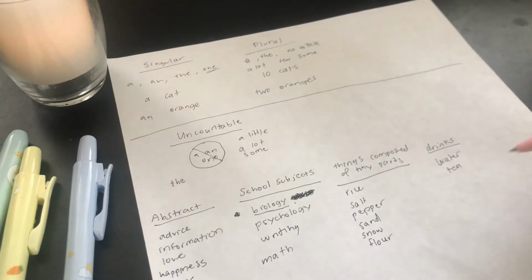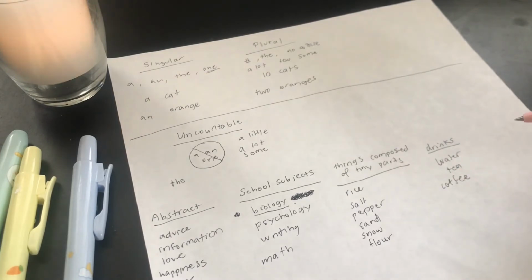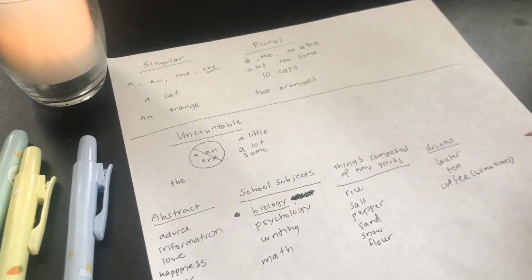One that's kind of interesting is coffee. Coffee is traditionally an uncountable noun, but these days, because you can go to Starbucks and order a latte, some people will say a coffee. So I'll put a sometimes next to this. You can say some coffee, you can say a coffee. These days it doesn't matter.